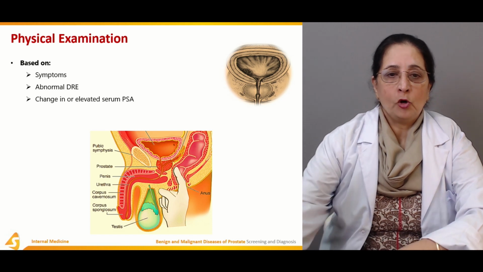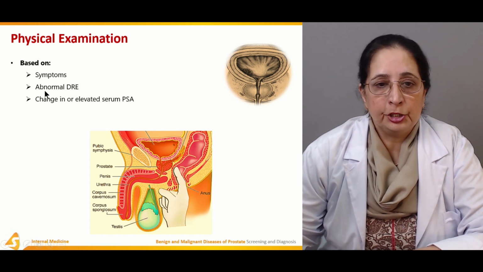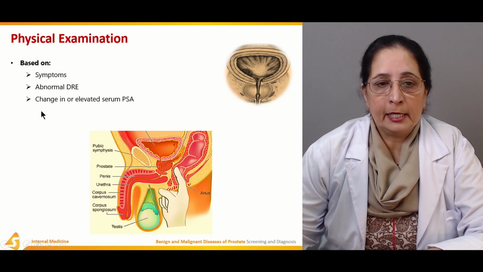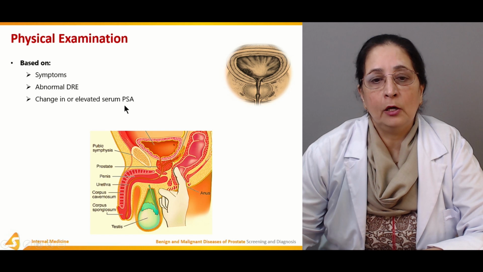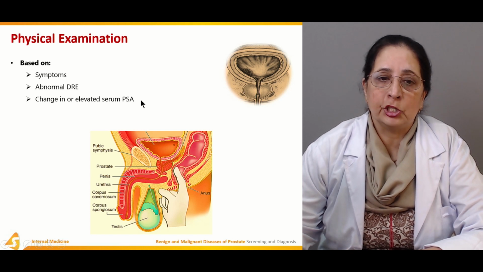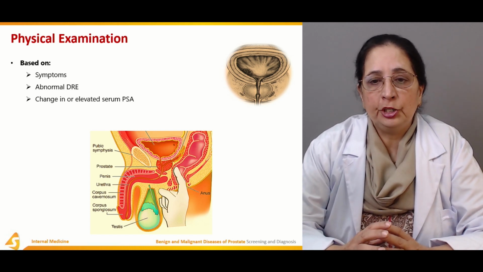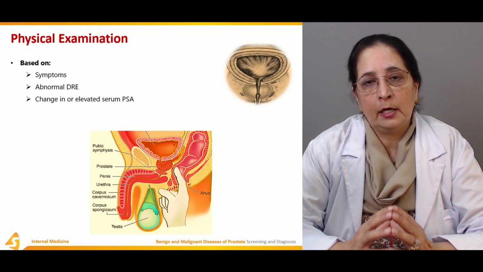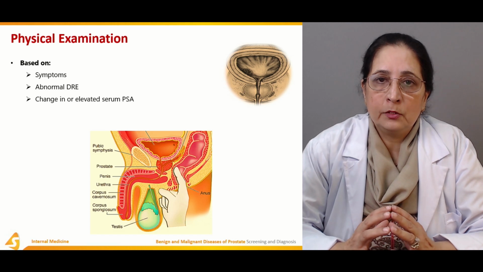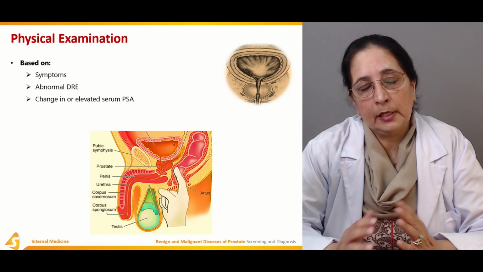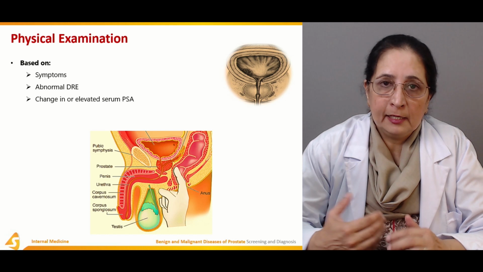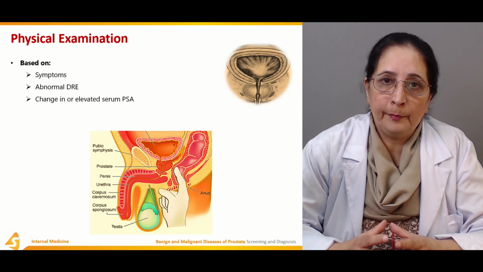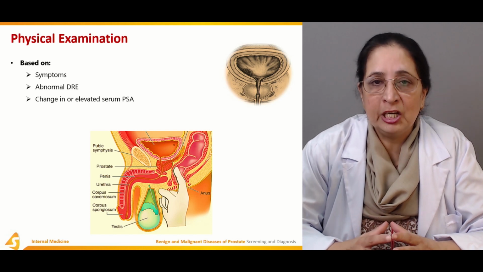And it's based on the symptoms of the patient, an abnormal digital rectal exam, and a changed or elevated level of prostate-specific antigen. The symptoms are very important. The patient usually comes to the office and tells the doctor that they have difficulty in initiating urination, dribbling of the urine, and a weak stream.